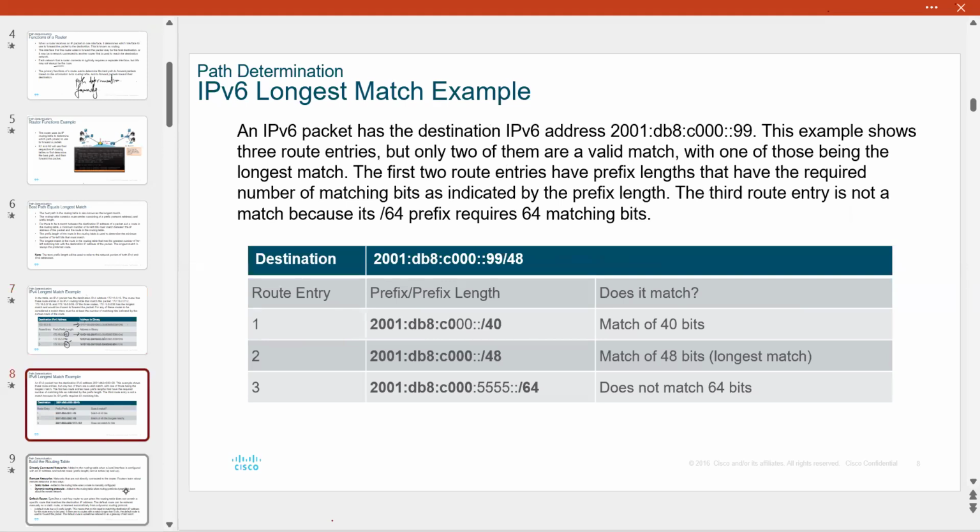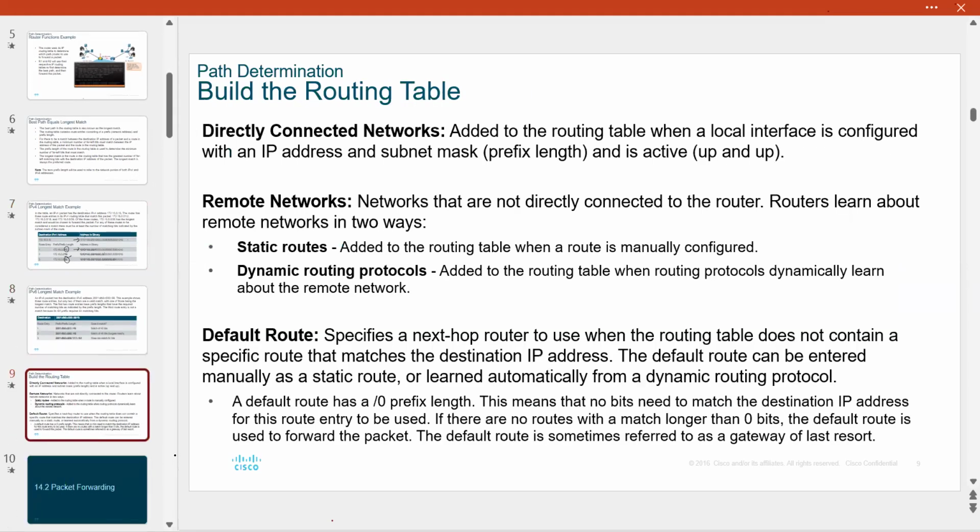Right. Quickly moving on. I cannot see properly, let me move this. Right, path determination: building the routing table. The routing table can be built mainly in 2 ways.